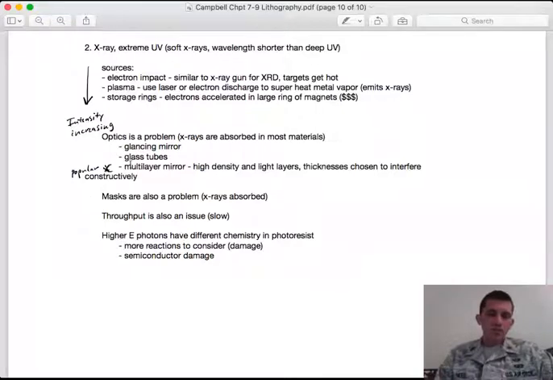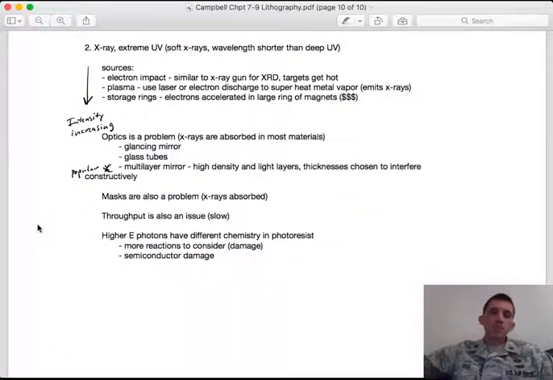And in addition to needing new optics and new masks, X-rays also require new photoresists. So when you have these really high energy photons, yes, the wavelength's really low, but there's lots of energy there, and so you get more reactions within the photoresist than just your target reaction, where you're, say, destabilizing a molecule that makes the resin more soluble, or doing chain scission, or facilitating the formation of crosslinks.